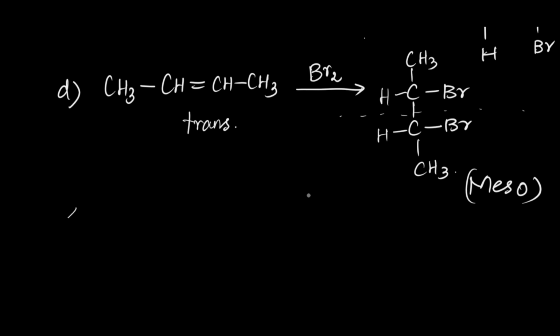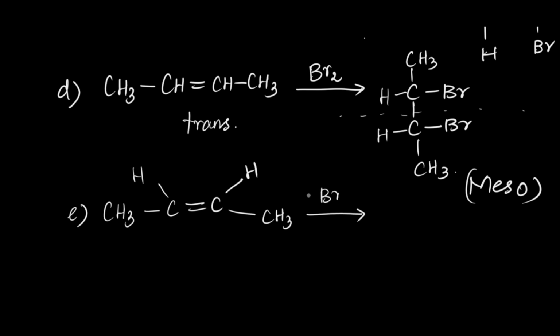And if I am having a cis alkene, which means both the groups are on the same side, then it will lead to a racemic mixture instead of the meso product, which will look something like this.